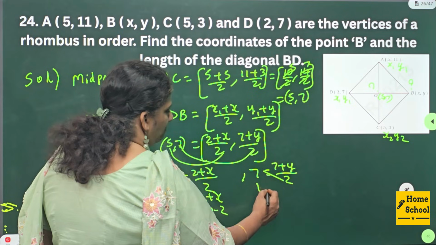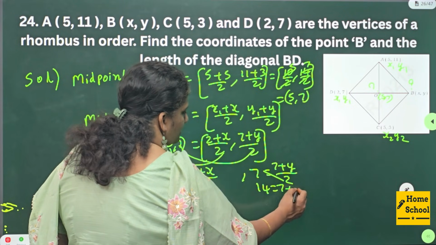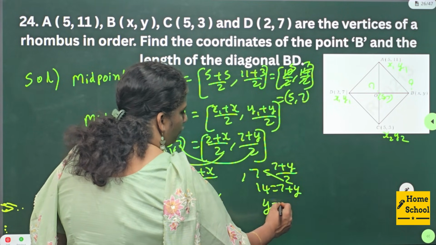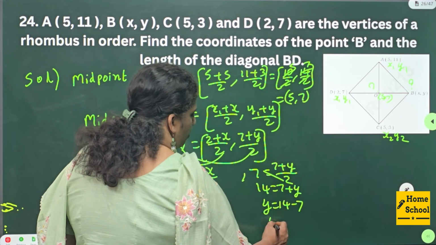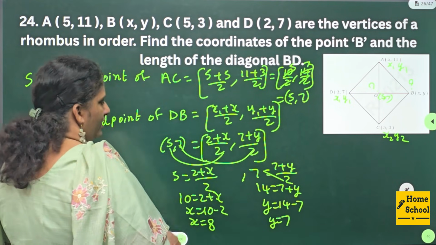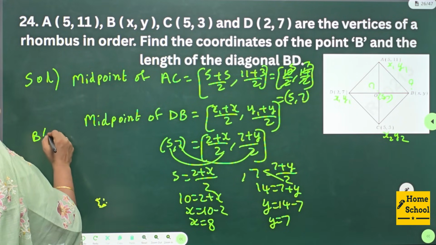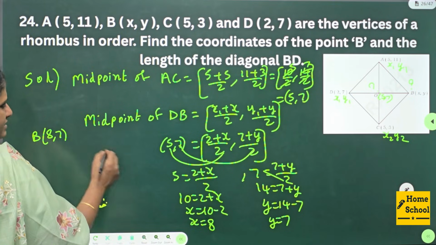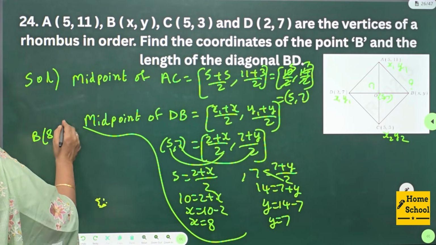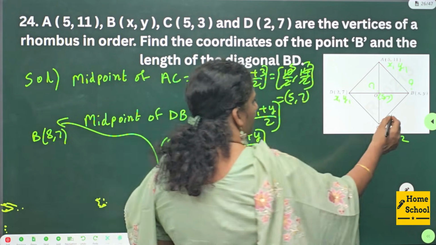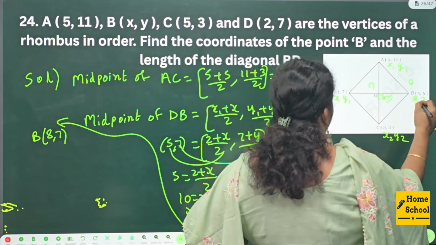Cross multiply. 14 equal to 7 plus y. y is equal to 14 minus 7. y is equal to 7. Therefore, what is the B coordinate? B coordinate is equal to (8, 7). B coordinate is what? (8, 7).